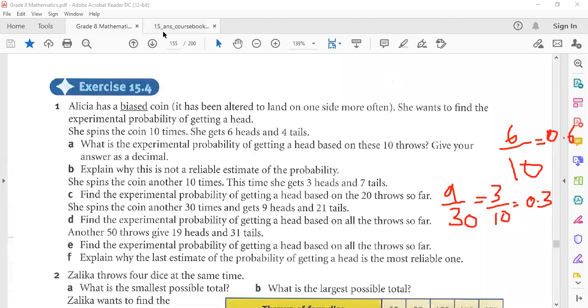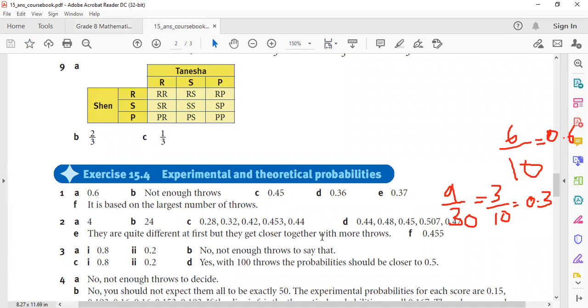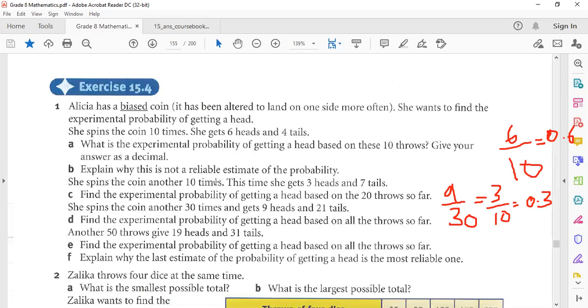So it's biased. I think it says here a tail would be more likely than a head based on 20 throws so far.